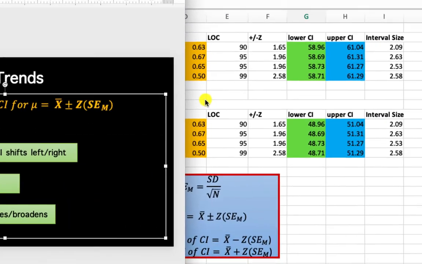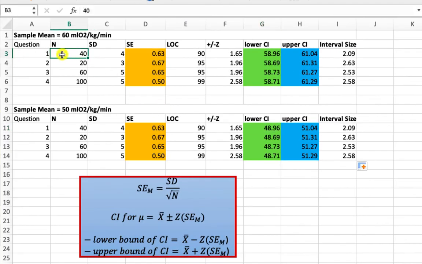So in this case, if we were looking at the first example, where our standard deviation was 4 and our sample mean is 60, that would be in the center of our distribution. If we moved 1 standard deviation away from the mean in the positive direction, we would then have 64, then 68, then 52, etc. Same thing if we go in the other direction.